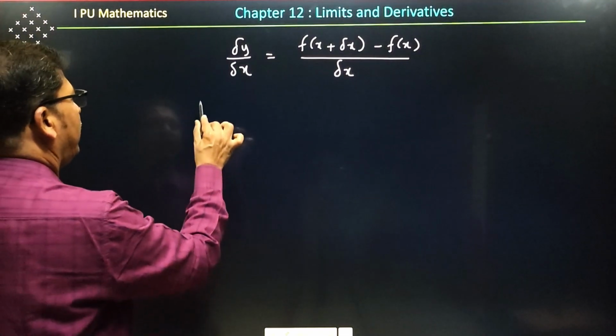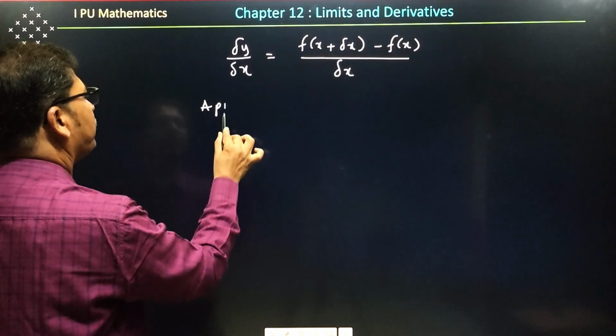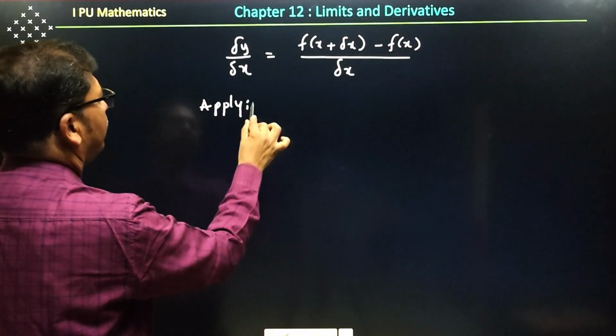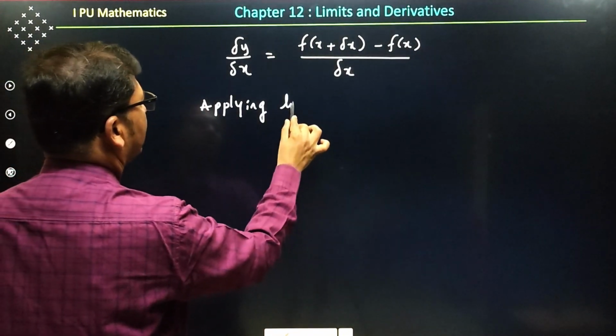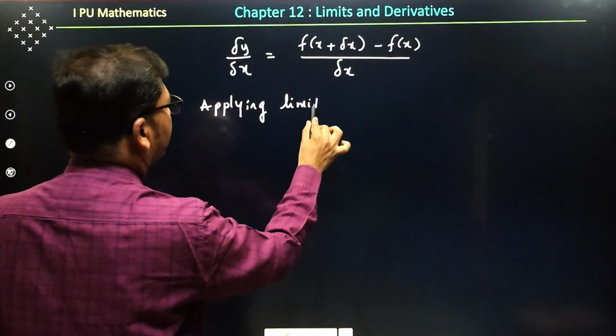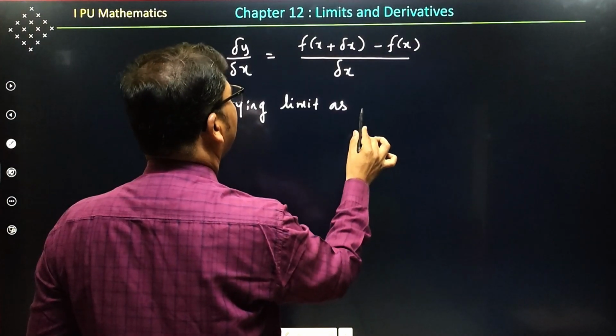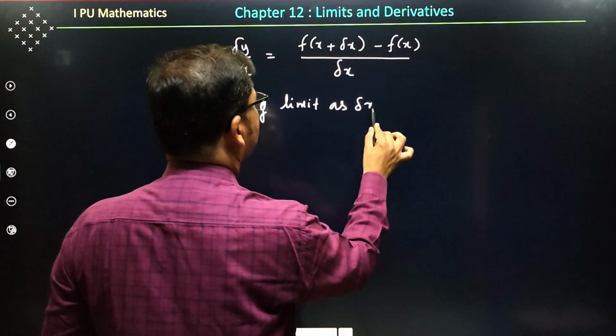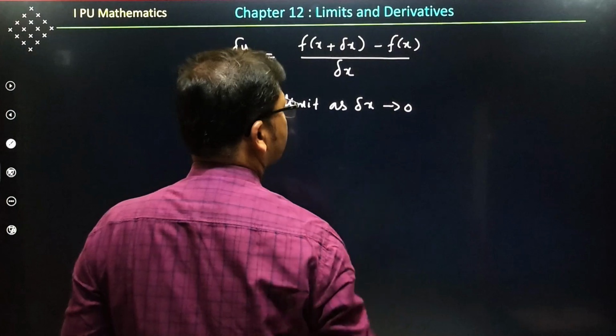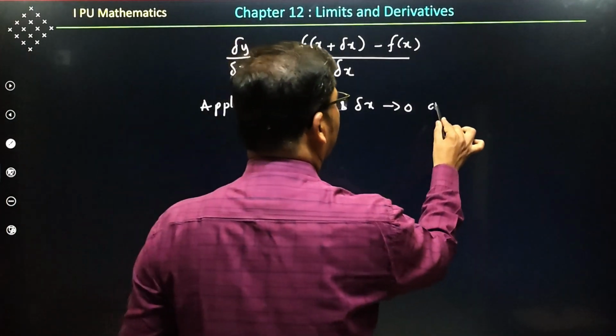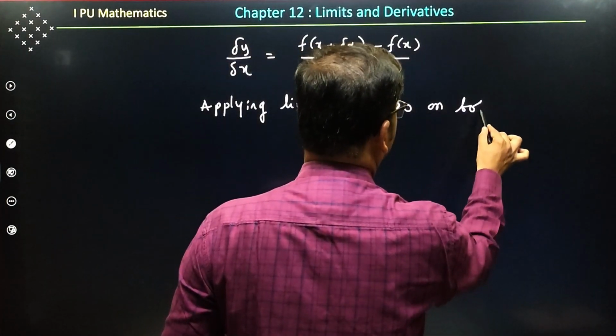At this stage, apply the limit as delta x tends to 0 on both sides. Then you see what happens.